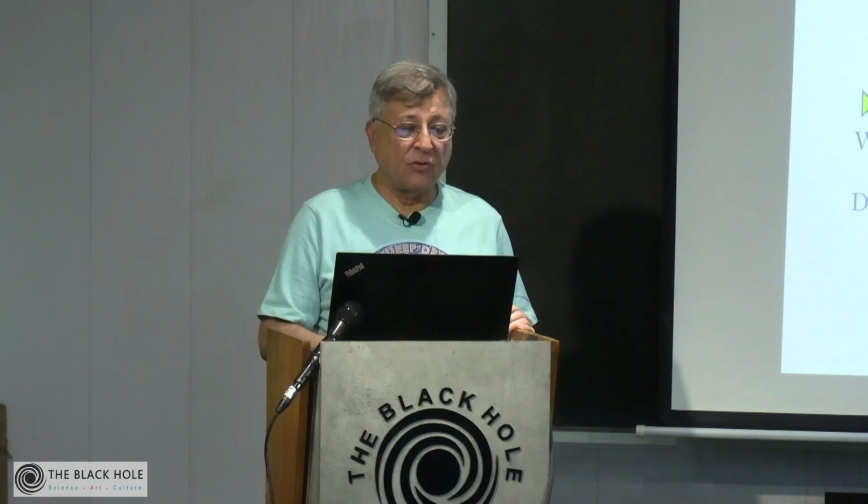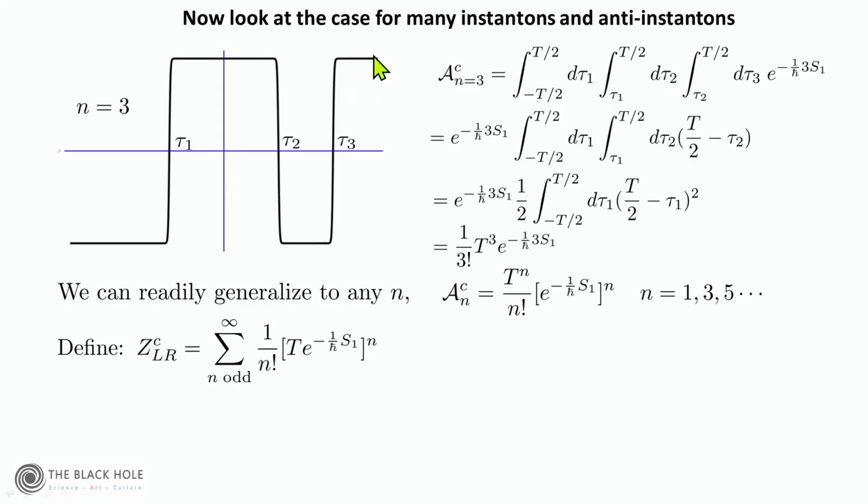Because I have to go from here to here, and so it has to be an odd number of instantons. So I must sum over n odd. This everyone recognizes is the Taylor series for hyperbolic sine. So this I get over here.